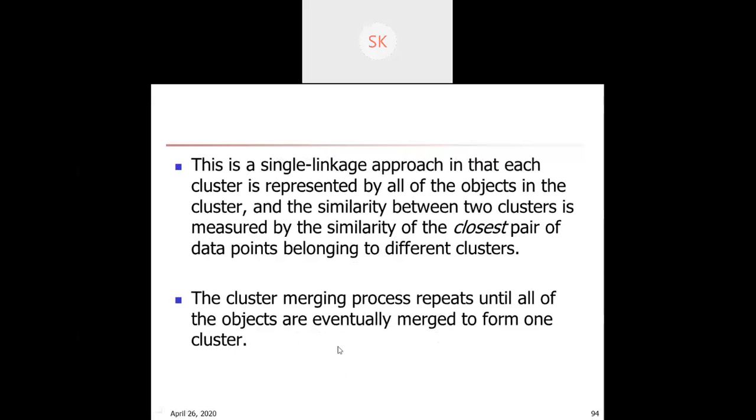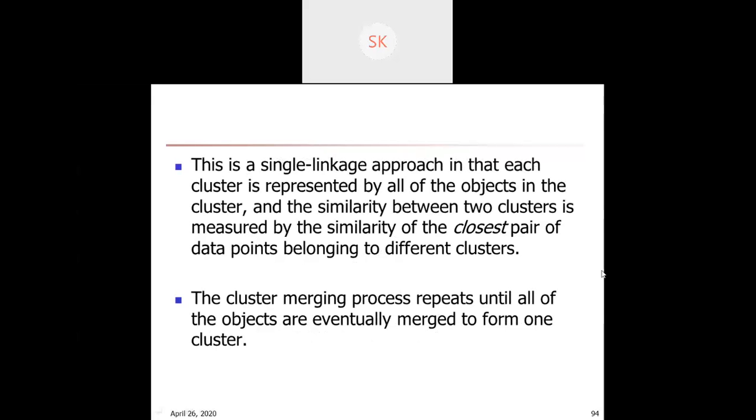So this is the single linkage approach. Each cluster is represented by all of the objects in the cluster, and the similarity between two clusters is measured by the similarity of the closest pair of data points belonging to different clusters.